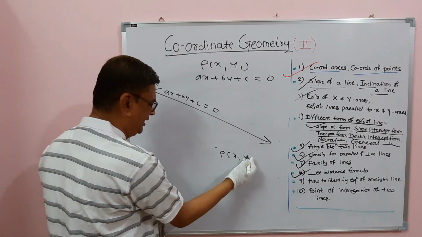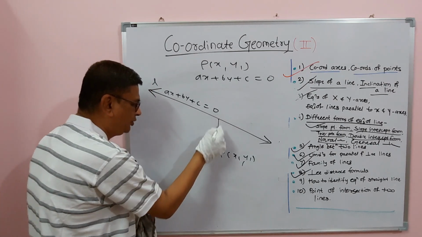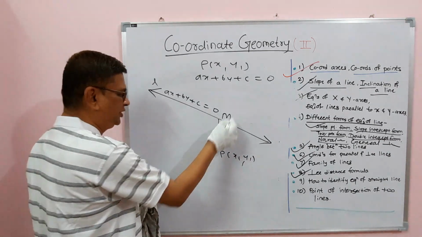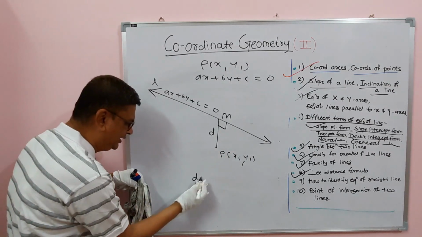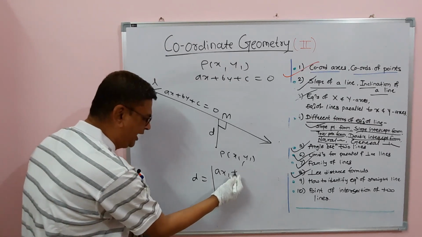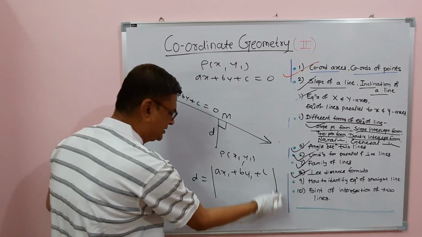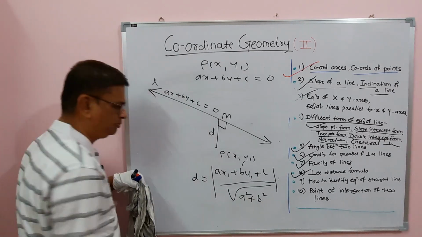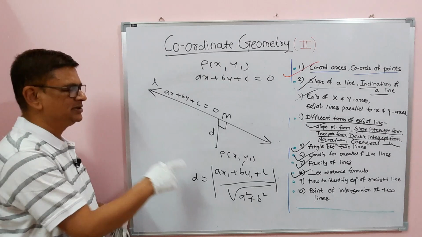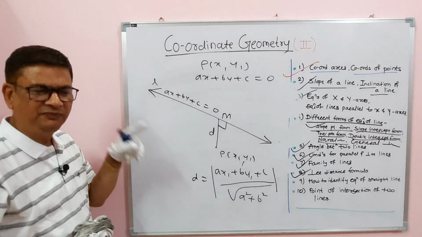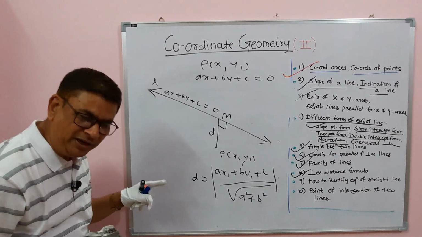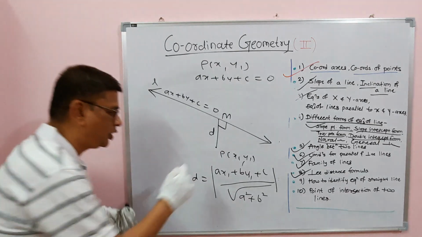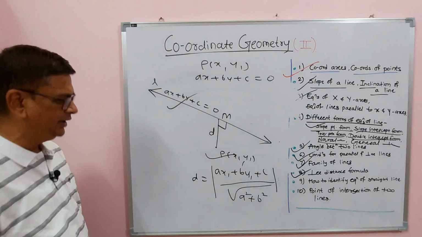If you have a point x1, y1, and if you draw such a perpendicular, then this perpendicular distance PM denoted by d is given by such formula: mod of ax1 plus by1 plus c divided by square root of a square plus b square. That is called perpendicular distance formula, which always gives perpendicular distance from a point to the line. What should be known for the purpose? Coordinates of point and equation of line.